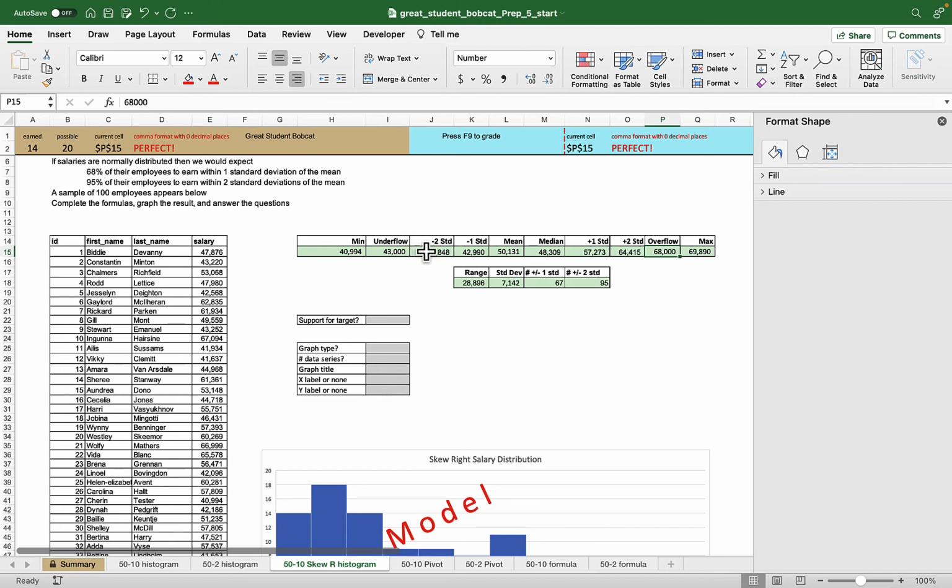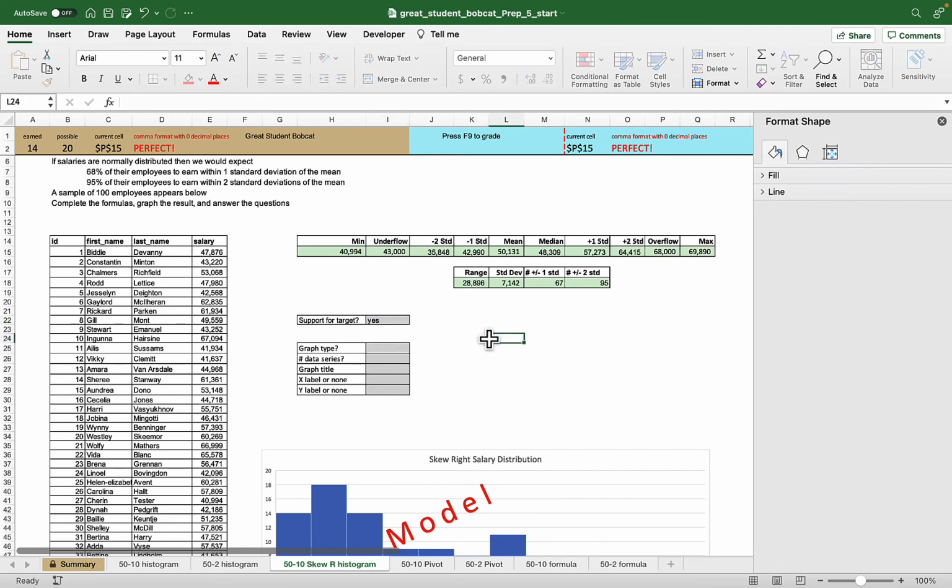Remember I said we usually try to go around the 2 standard deviation for the underflow and the overflow. On the overflow side, it makes a little more sense. On the underflow side, it's kind of far away, and that's because the distribution is skewed. So you kind of have to look at things to see what makes sense and make adjustments as need be.